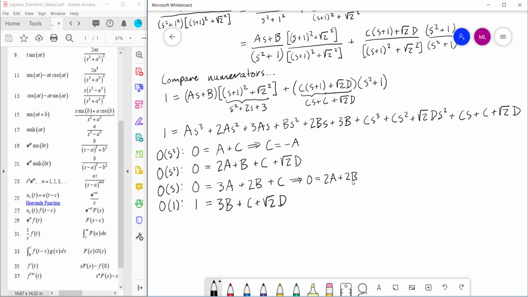And if 2a plus 2b is equal to 0, that also tells me that b is equal to negative a. So c is equal to negative a, b is equal to negative a, so that must mean that c and b are the same thing as well.